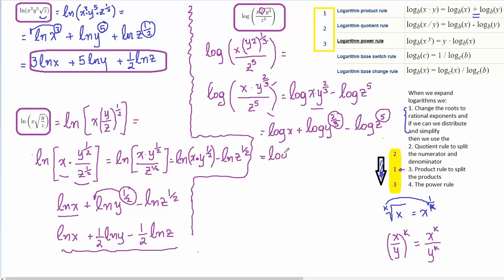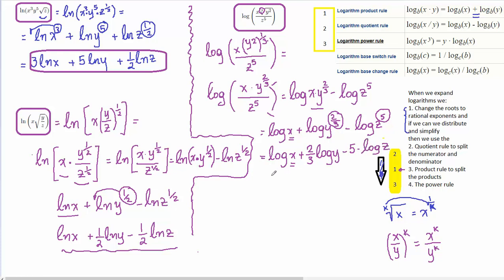The first one stays as is, because, how do you know when to stop? You should look at your argument. If the argument has just one variable in it, then you're done. You have expanded as far as possible. Plus 2/3, so I bring the exponents down using the power rule. Log of y minus 5 times log of z.